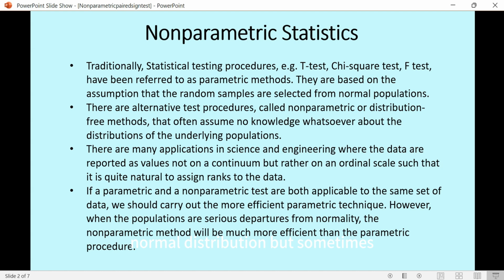But sometimes this assumption cannot be met, and we can use an alternative called nonparametric statistics to do such tests.